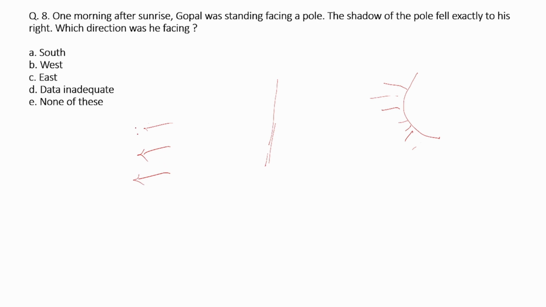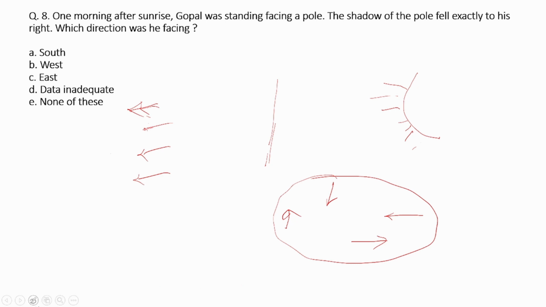Whatever the direction of the object, all objects' shadow will fall in the west direction, because in the morning the sun rises in the east. Whether the figure is north moving, south moving, west moving, or east moving, in all the four movements, the shadow will fall in the west direction.